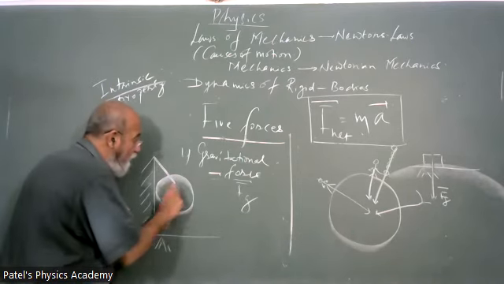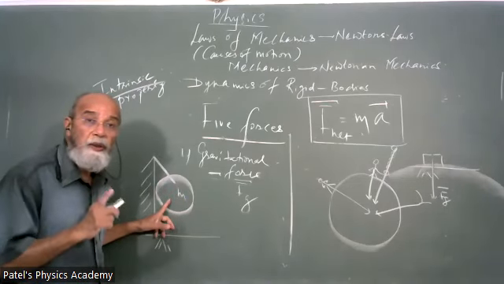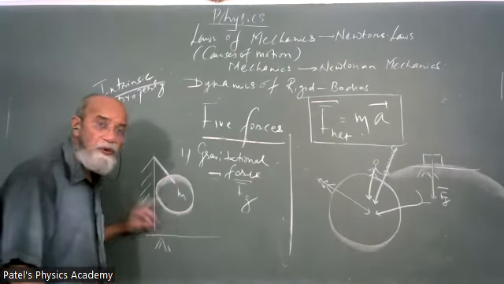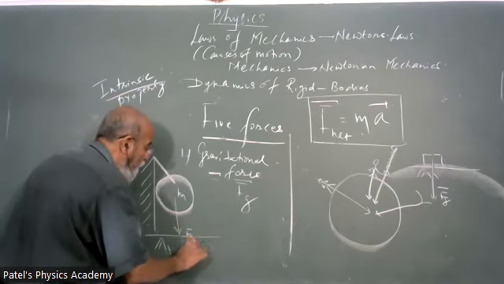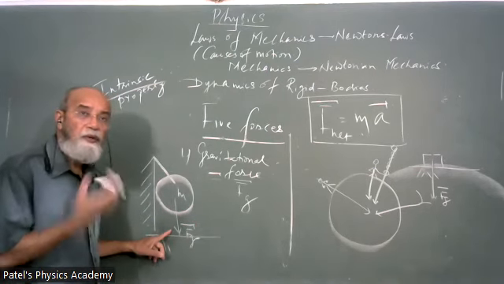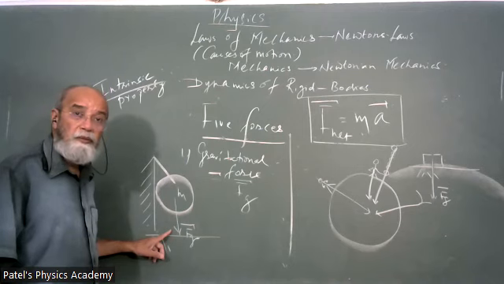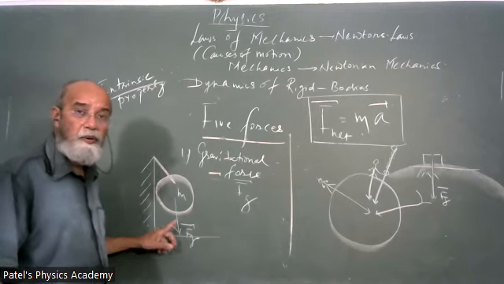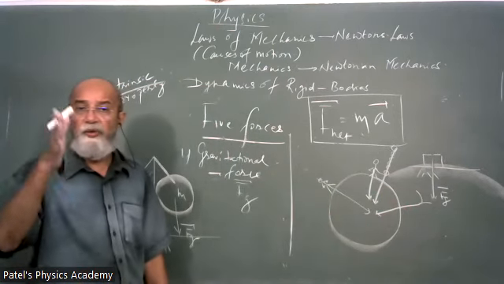Then if this has a mass m, then this is going to experience a gravitational force. And I'm just going to draw it like this. You understand? Straight down. No problem. This is going to be the simplest of the forces you can represent.